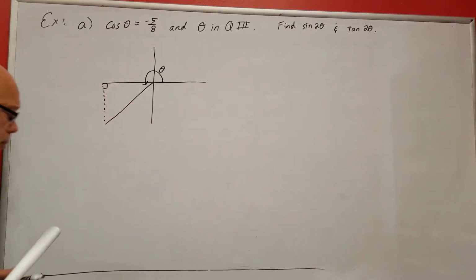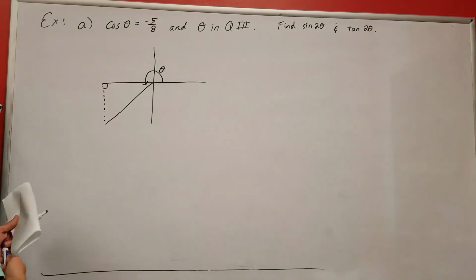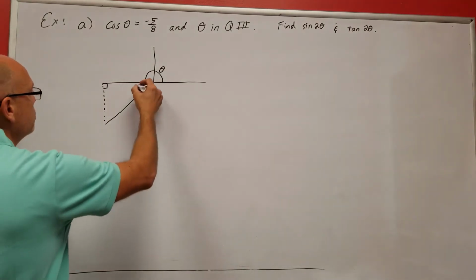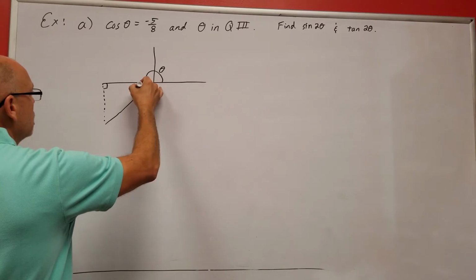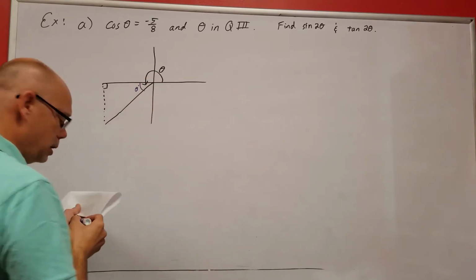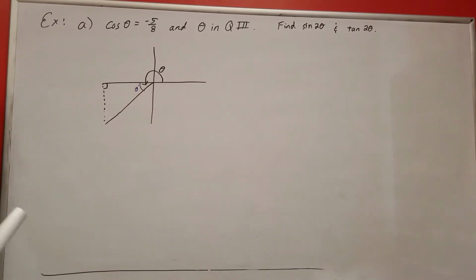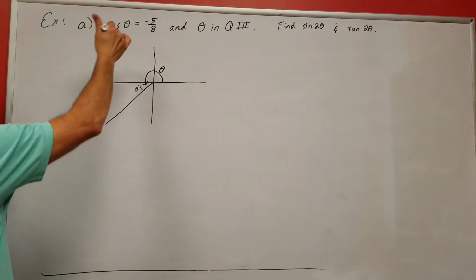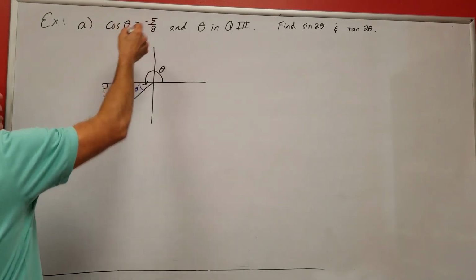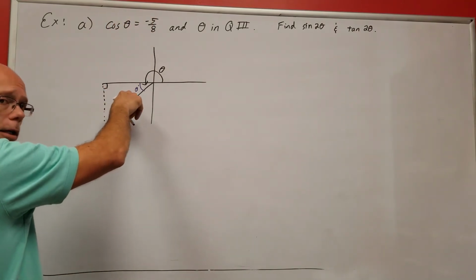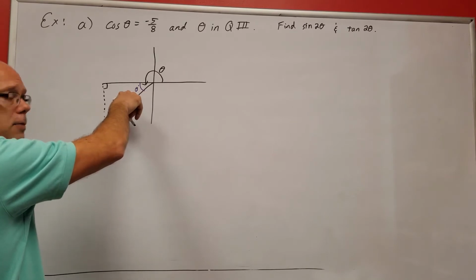Remember, we're going to be using a reference angle here. We could call it theta prime, but it has the same sine, cosine, tangent, and so forth as theta does. So if the cosine of theta is -5/8, the cosine of theta prime would be -5/8 as well.